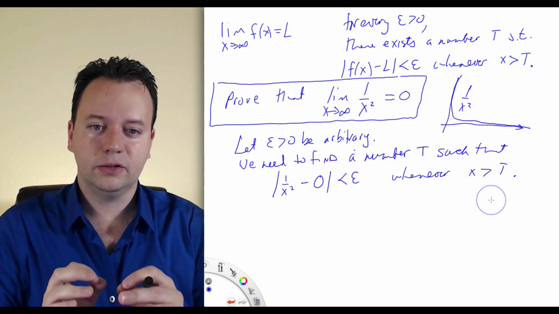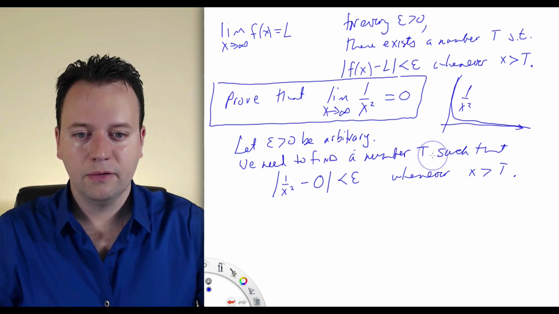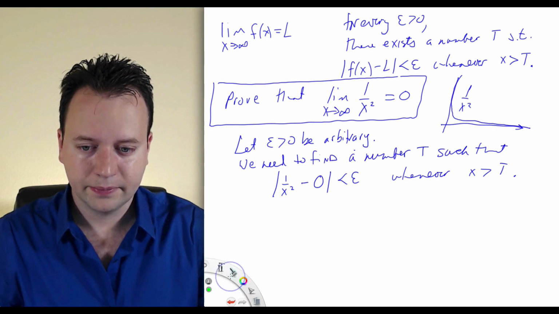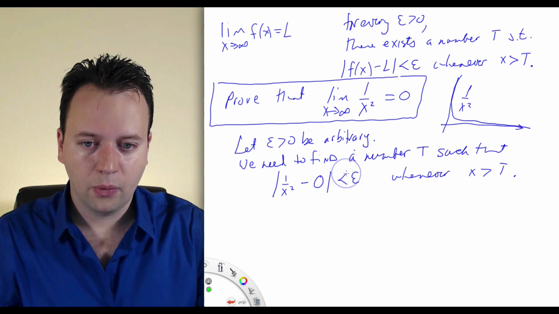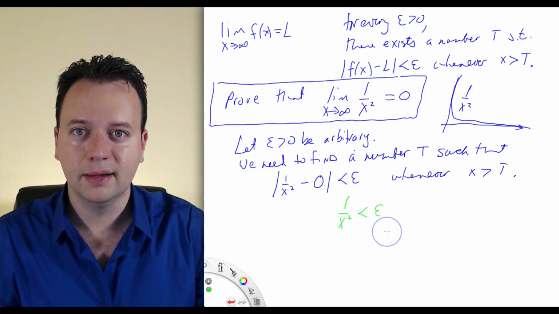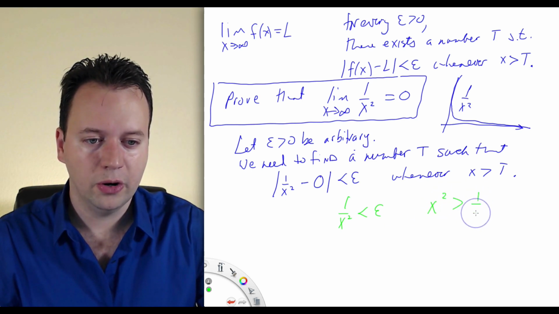So for a fixed epsilon, how large do we have to make t for this statement to be true? Well, the one on the left is the same as 1 over x squared is less than epsilon. And that's the same as x squared is greater than 1 over epsilon.